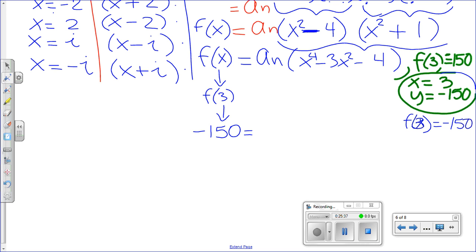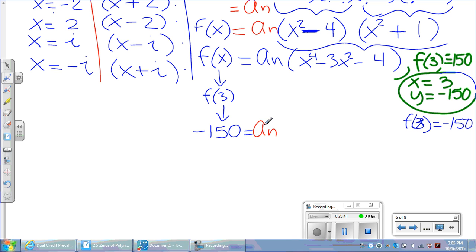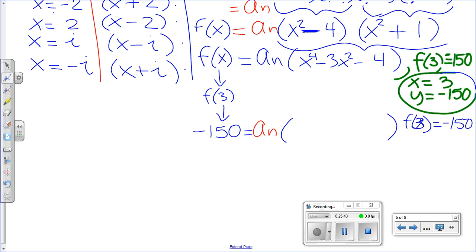We're still trying to solve for a sub n, but now we know that the x value that we're going to use is coming from here. So it's going to be a 3. So for every x that you see here, you're going to substitute that with a 3. So we'll have 3 to the 4th power minus 3 times 3 squared minus 4.